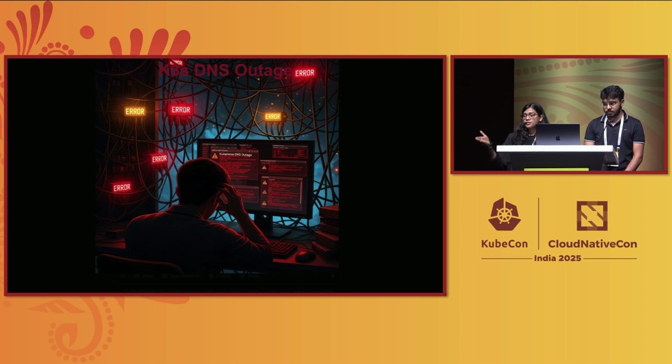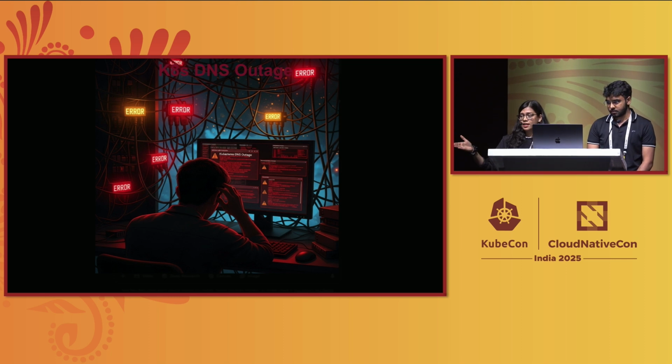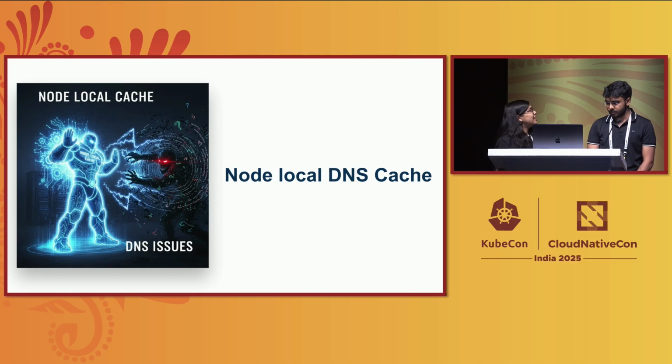We fought this CoreDNS instability across thousands of nodes until we found a game changer: the Node Local DNS Cache. And we are excited to show you how this solution helped improve our DNS reliability.